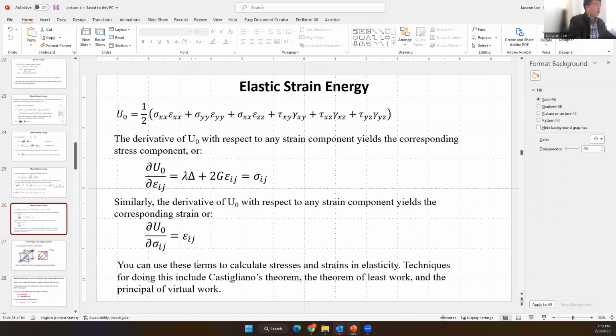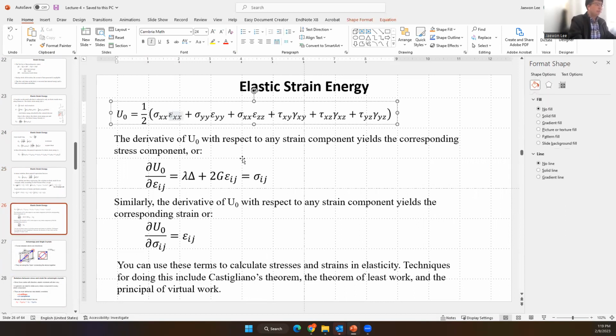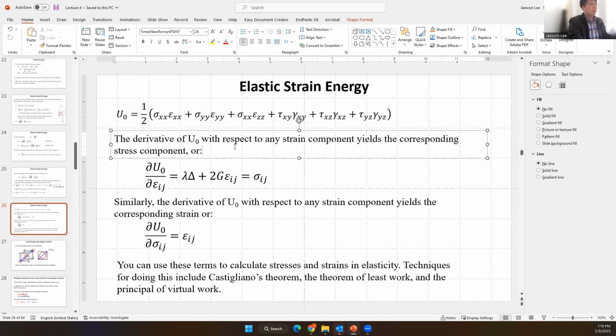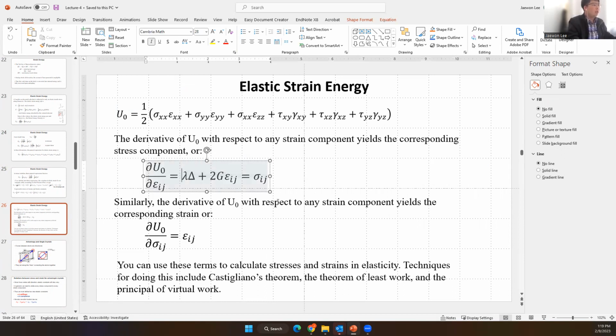Then we can derive the strain energies by differentiating the energies by strain components. At that time, we can derive these relations.